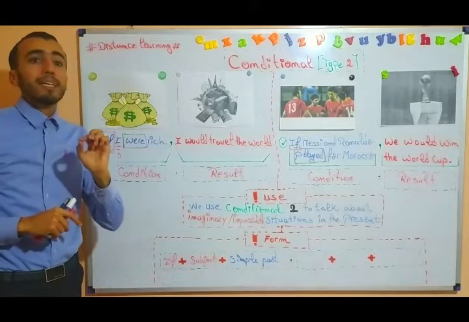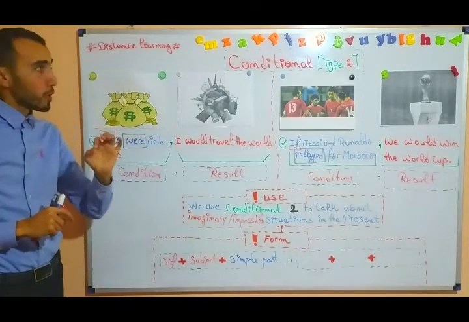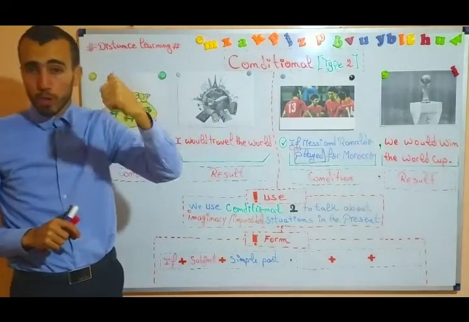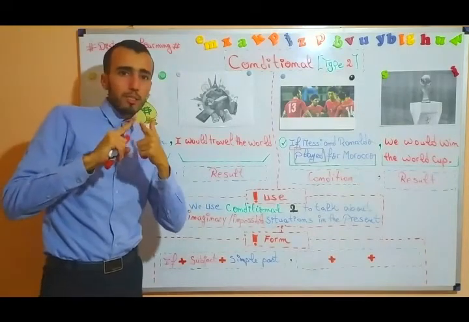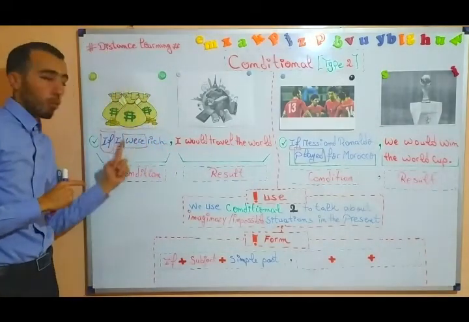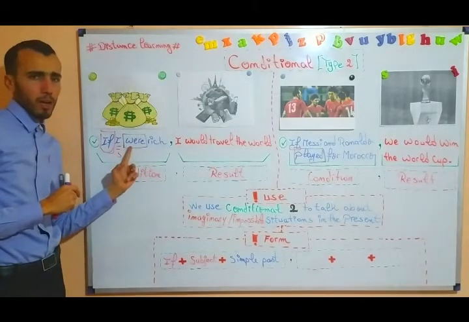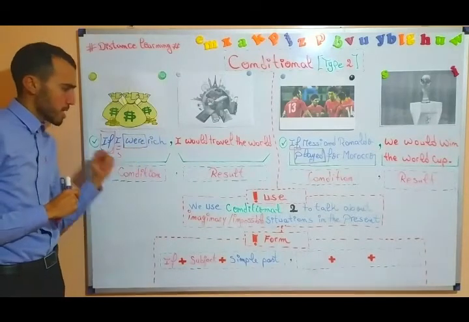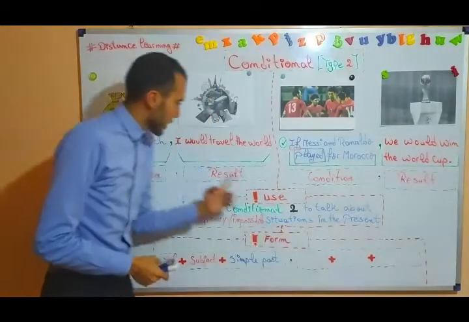But remember, it is an exception for conditional sentences and wishes. Present wishes, you remember last time's video? Present wishes and conditional sentences. All pronouns are used with were. All of them. So I, he, she, and it were and not was. Okay? And then let's have a look at the second part now.